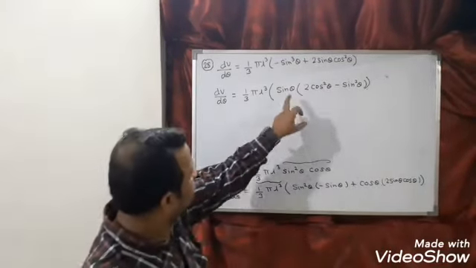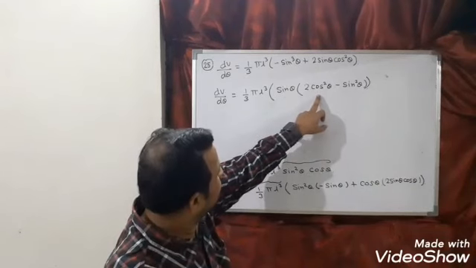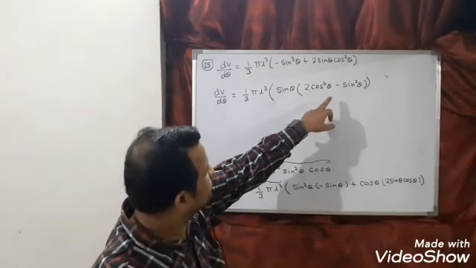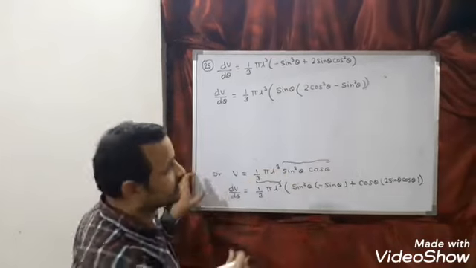Yes or no? So sin theta, if you take common, you will get 2 cos square theta minus sin square theta.